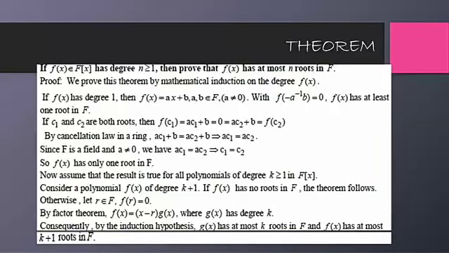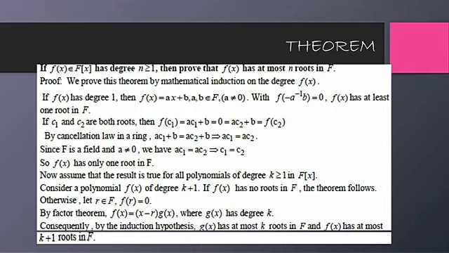Now, this you have already studied: cancellation law in a ring. By cancellation law in a ring, a c1 plus b is equal to a c2 plus b, which implies, right, you have two types of cancellation laws, right cancellation and left cancellation laws. So here b and b will get cancelled. So a c1 is equal to a c2.